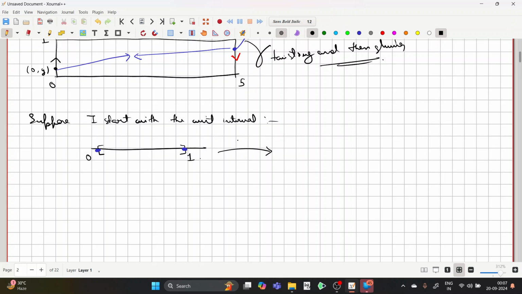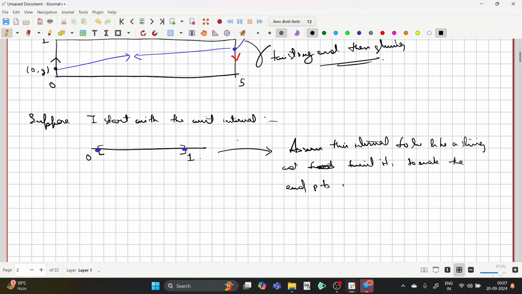So this unit interval, you can assume to be like a string, and twist it, or I should say twirl it, to make the endpoints, that is the points 0 and 1, meet, and that will be exactly gluing 0 and 1.